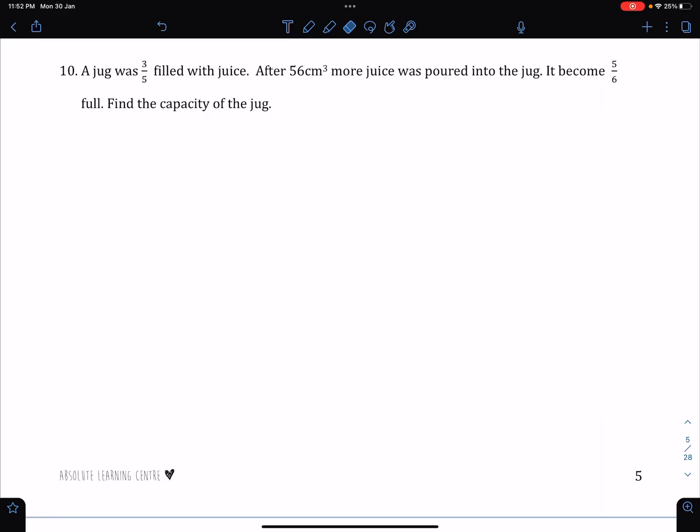Question number 10. A jug was 3/5 filled with juice, meaning, again, my jug has a capacity of 5 units. After 56 more juice was poured into the jug, it became 5/6 filled.